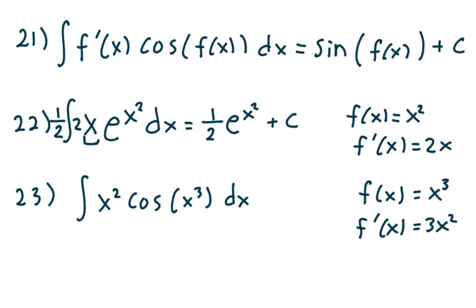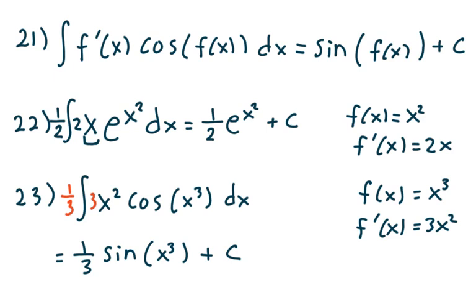And what's missing is that 3. But I have to put that 3 in so that it fits the pattern. But I can't just put a 3 in without multiplying the integral by 1/3. And so here, my answer will be 1/3 sine of x cubed plus c. And that's 23.